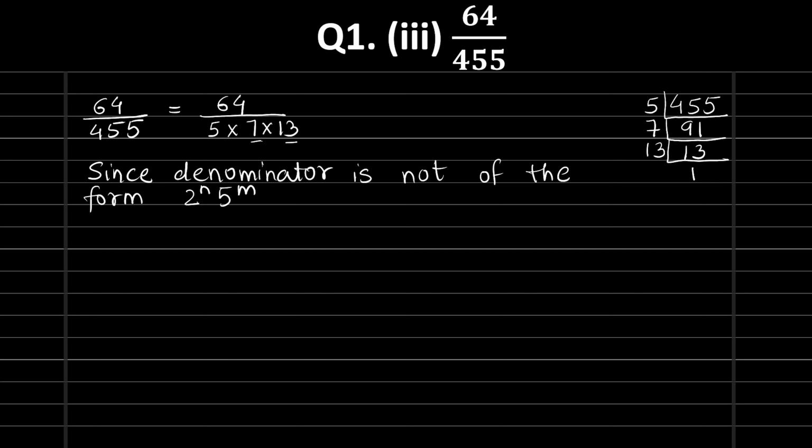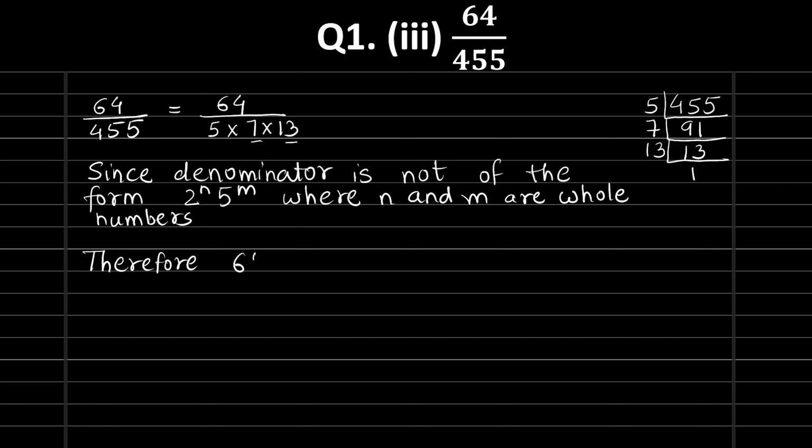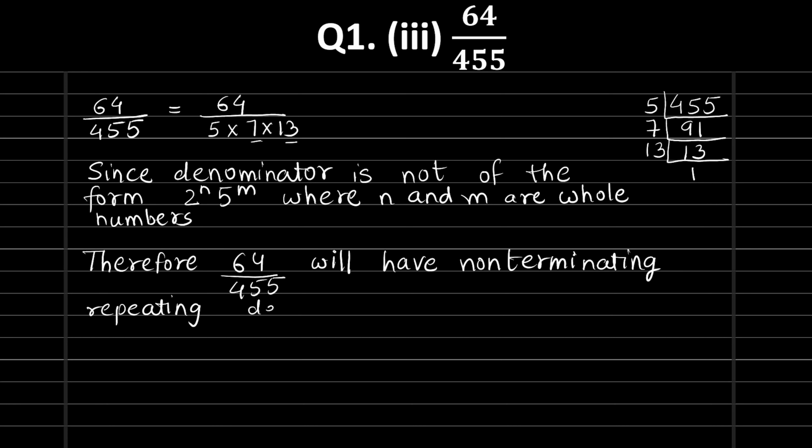Therefore, the denominator is not of the form 2 raised to n and 5 raised to m, where n and m are whole numbers. Therefore, 64 upon 455 will have non-terminating, repeating, decimal expansion.